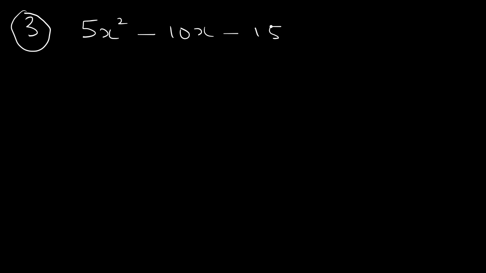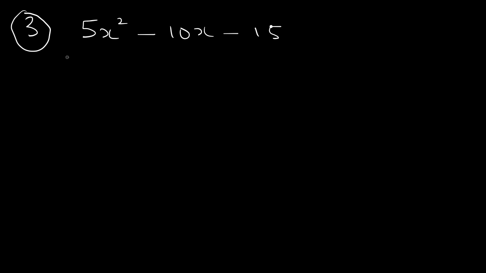Question number 3, 5x squared minus 10x minus 15. Here the coefficient of x squared is 5. But there's something interesting about this. 5 is a factor of 10 and also a factor of 15. So we can factor 5 out from this expression.